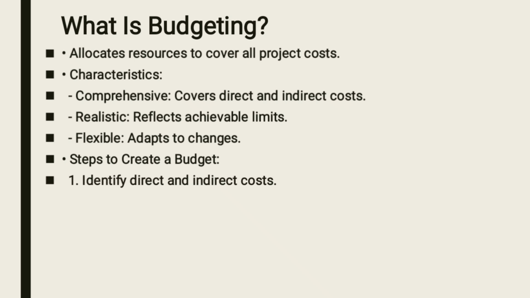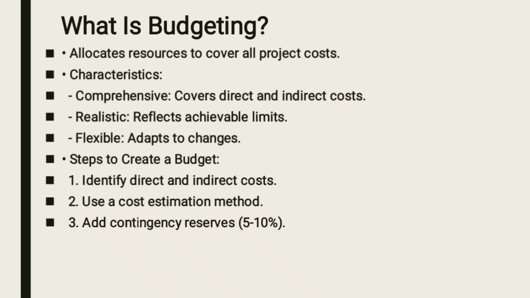Steps to create a budget. Number one, identify direct and indirect costs. Another one, you should use a cost estimation method. You can choose from those particular cost estimation methods which we said earlier on. Another one, you need to add contingency, that is 5 to 10%.